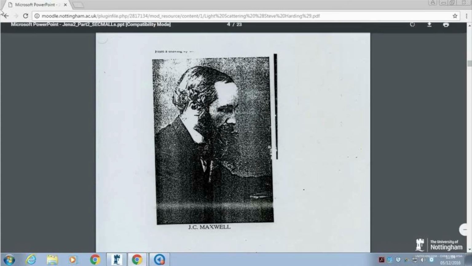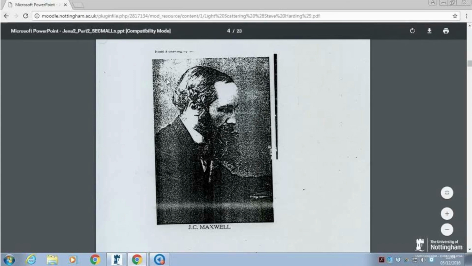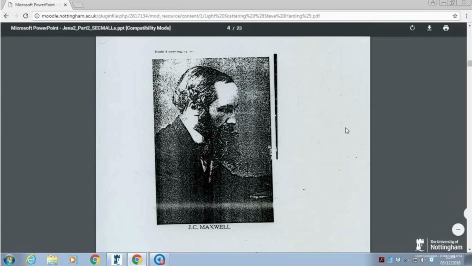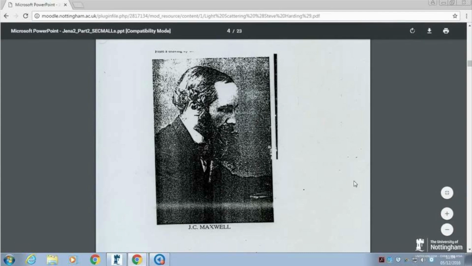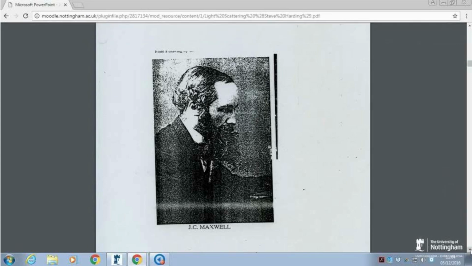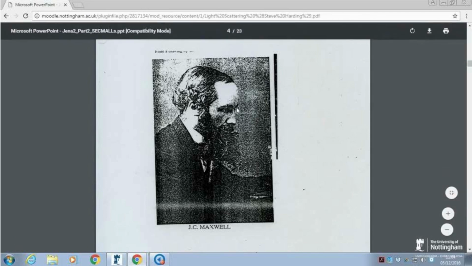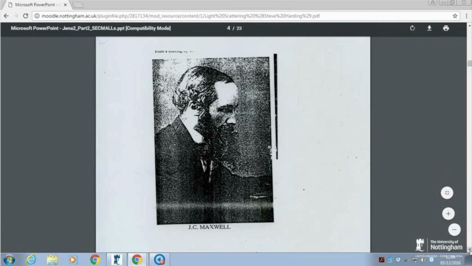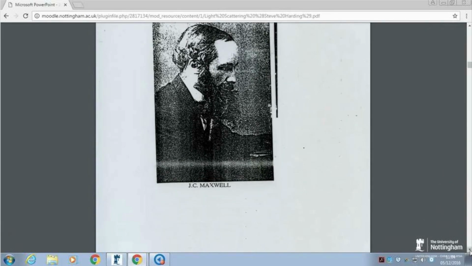And so the light scattering phenomenon was known about, and it was really a combination of Maxwell and his electromagnetic theory. We had to do all this because I did my degree many years ago in physics, so we had all the Maxwell electromagnetic equations and how to solve them.